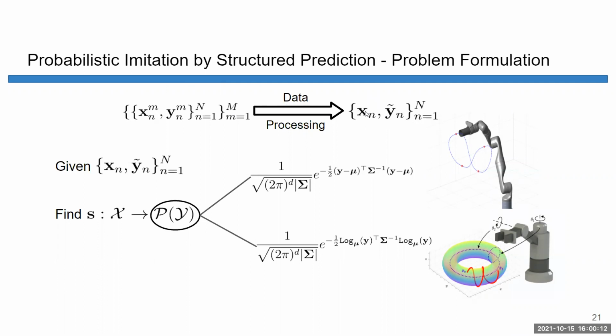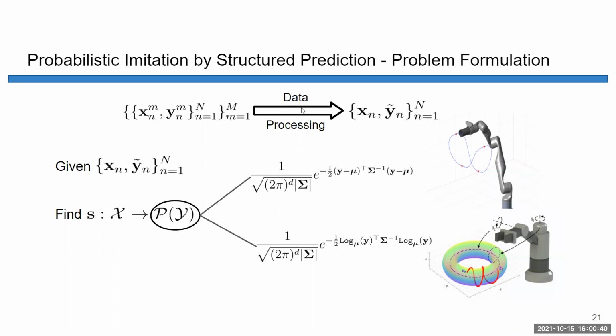It means that given an input x, the output is a probabilistic density function. It's a distribution, usually in the form of a Gaussian. And there are multiple data processing techniques, such as Gaussian process, Gaussian mixture regression, or neural networks.